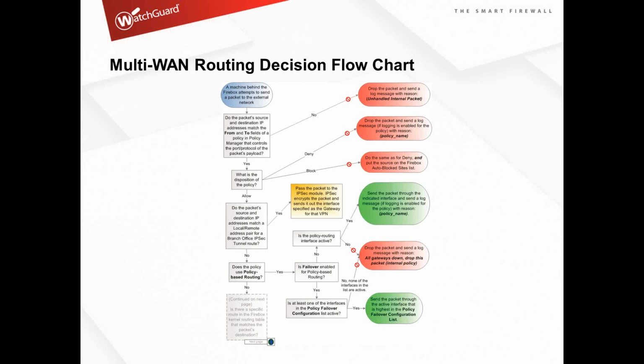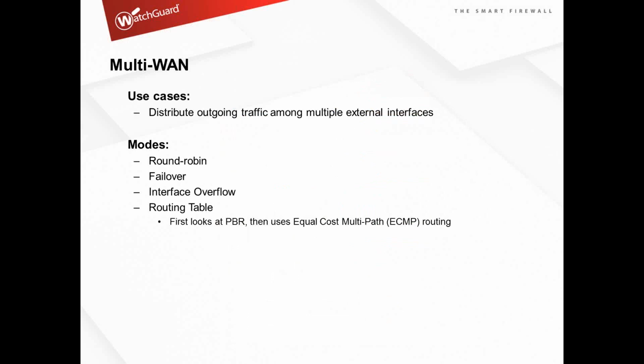As we look at this, we can easily see the decision flow chart. I'm not going to get too in-depth there for the sake of time, but we can follow the packet flow as it transitions through different policies and multi-WAN specifically in there.